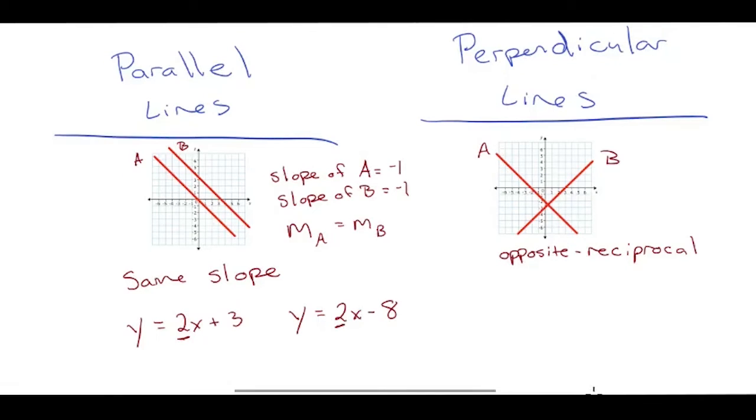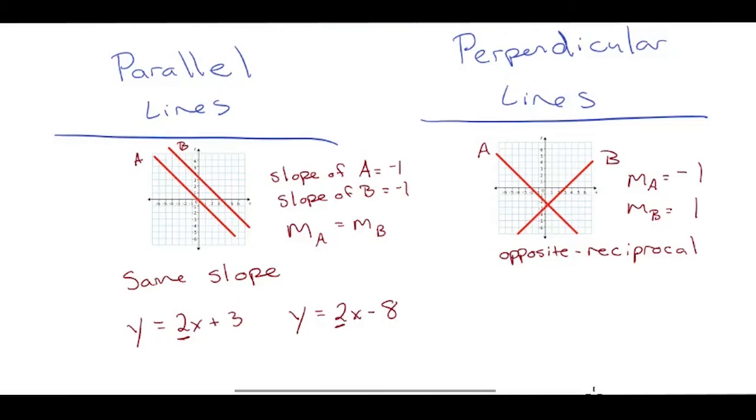Let's say the slope of line A, so M sub A, is -1, okay? And M sub B is +1. Are those opposite reciprocals?